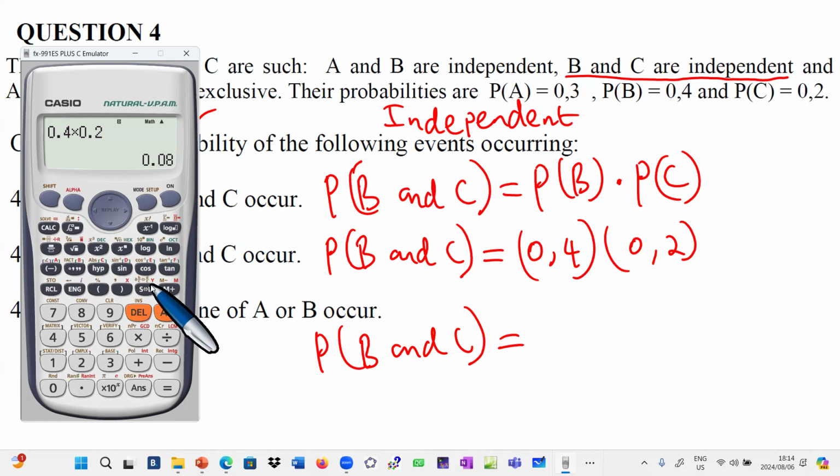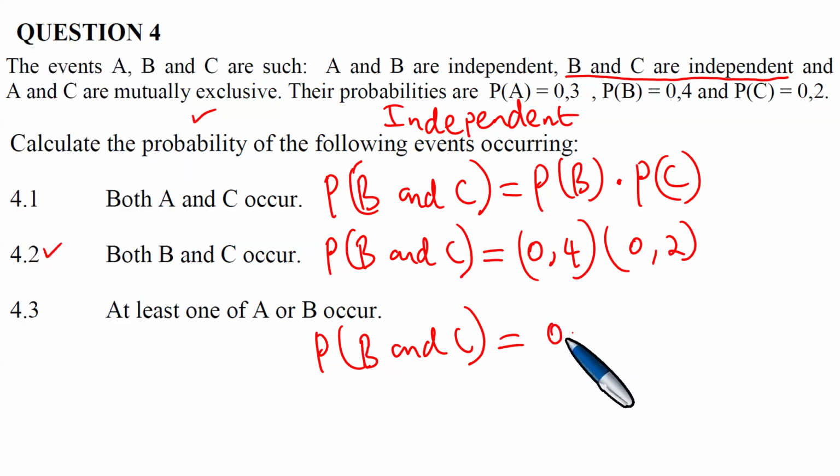And we shall note, therefore, that the probability of B and C occurring is actually 0,08, given that both B and C are independent. Please note that if two events are independent, then the probability of both of them occurring is the product of the two respective events. And therefore, we write down 0,08.